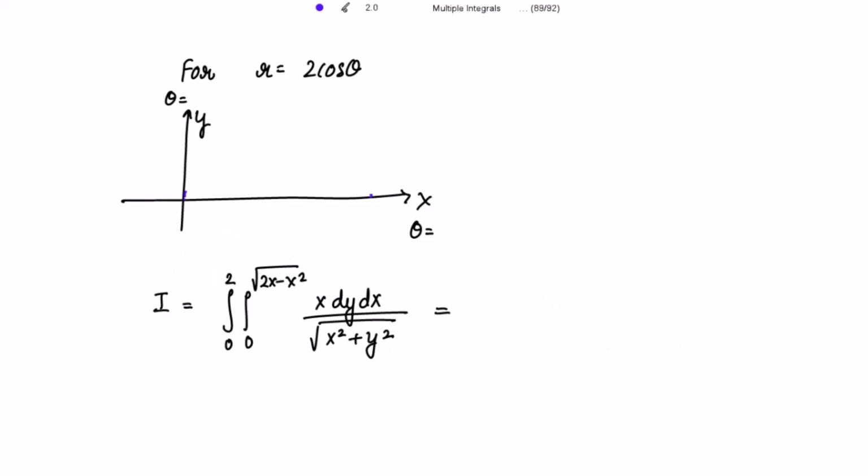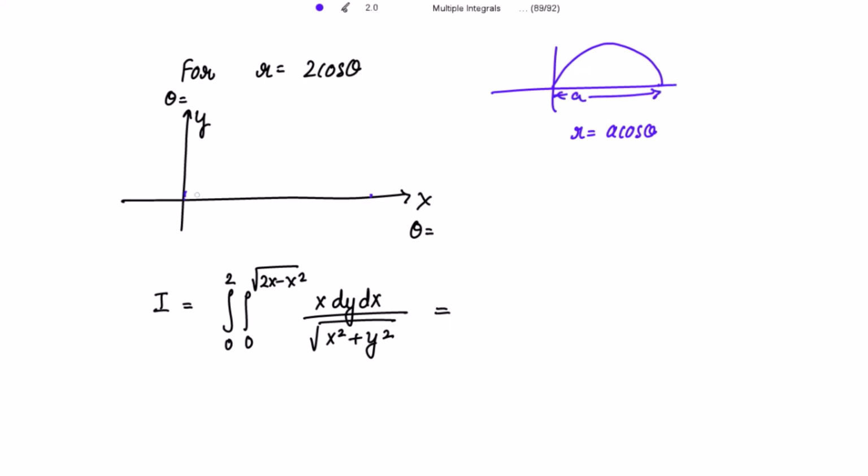Right? So for the region of integration, we have discussed earlier that the graph for r equal to a cos theta in the positive quadrant is a semicircle like this, where this distance is a.